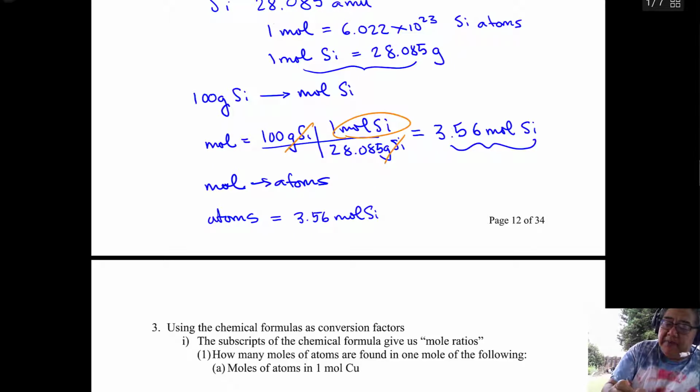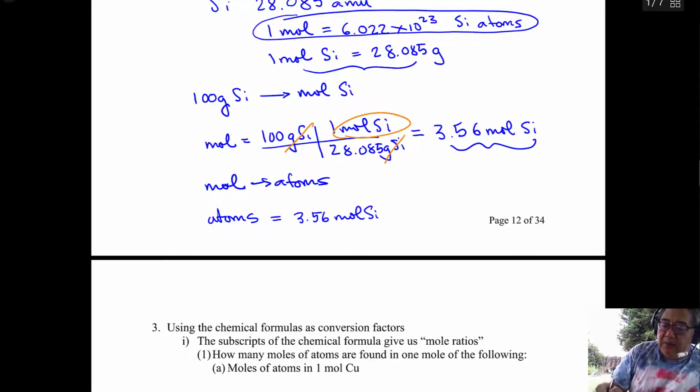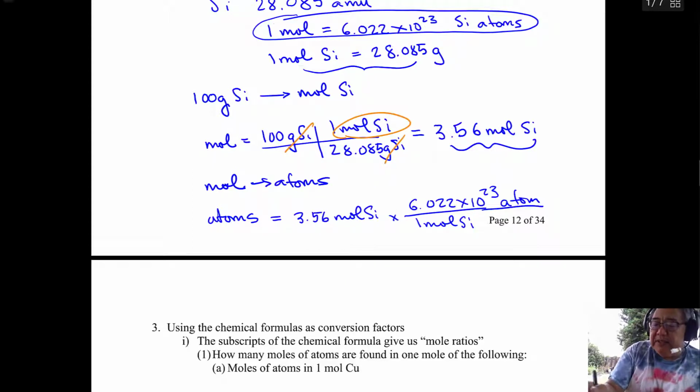And then for every substance, this number is the same. 1 mole of Si is equal to 6.022 times 10 to the 23rd atoms, or whatever the unit is. So if this had been molecules, it would have been that many molecules.